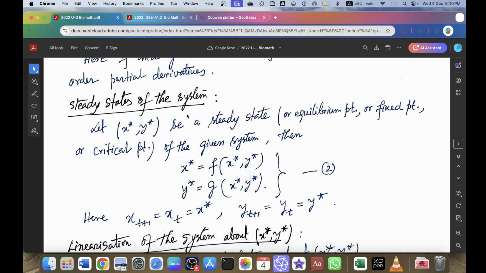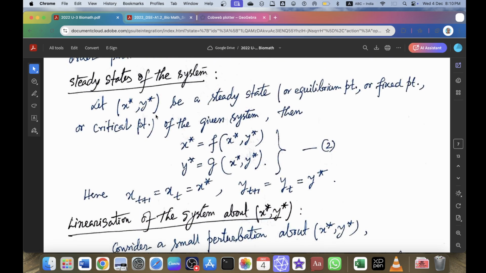Steady states of the system: let (x star, y star) be a steady state, or equilibrium point, or fixed point, or critical point of the given system. Then x star equals f(x star, y star) and y star equals g(x star, y star). Here we put x(n+1) = xn = x star and y(n+1) = yn = y star.